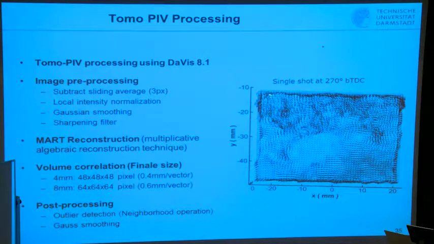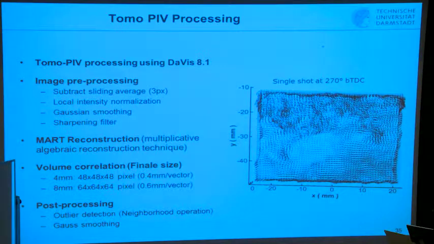Very difficult to see, what here is this 4 or 8 millimeters, and this is the in-plane field with vectors in the order of, let's say, 0.4 millimeter resolution in this case, depending on the size or the thickness of this volume. And that can be helpful if you want to see structures volumetrically, and it can be helpful if you want to get derivatives in all directions.